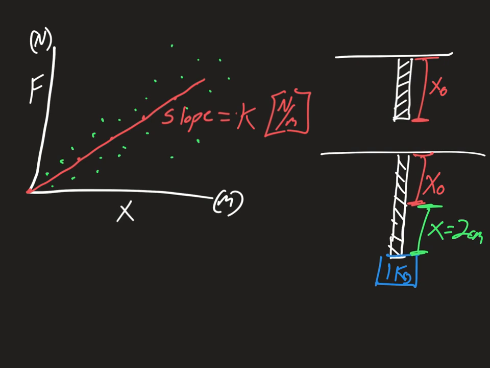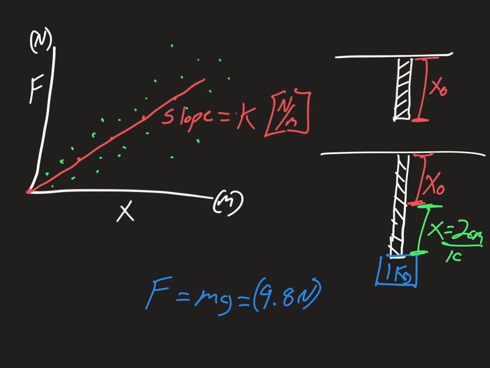Well, we can get one of our plot points from this. We're going to get our force value by taking the mass that we have and multiplying it by that little g, gravity, because that's what's going to be pulling it down. And we would get in this case that it's 9.8 newtons total, and that would be one of our coordinates, right? And then we just need to change our centimeters into meters.